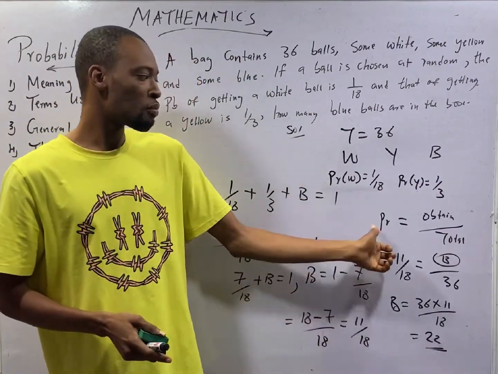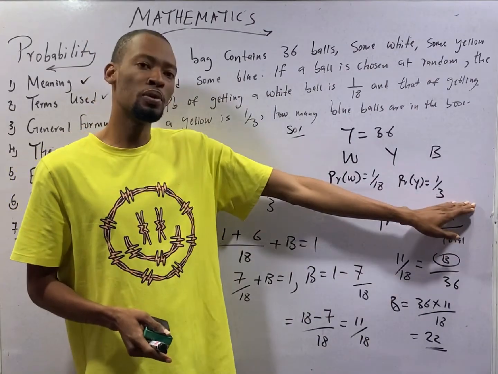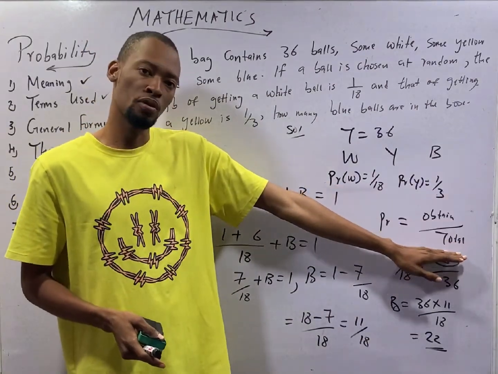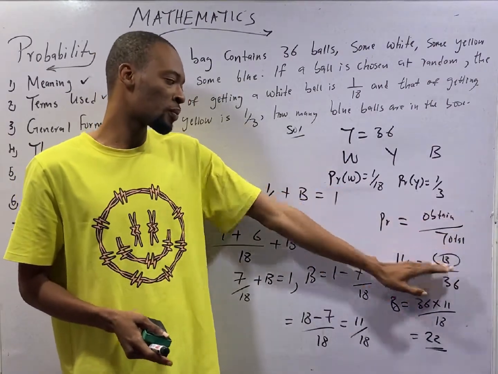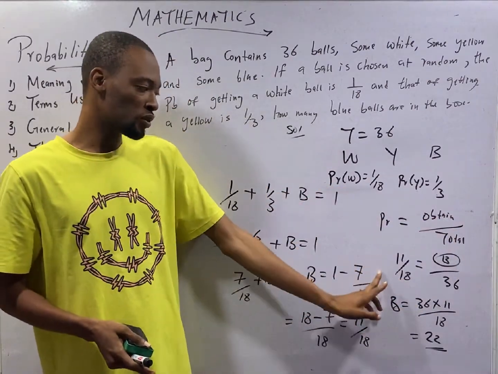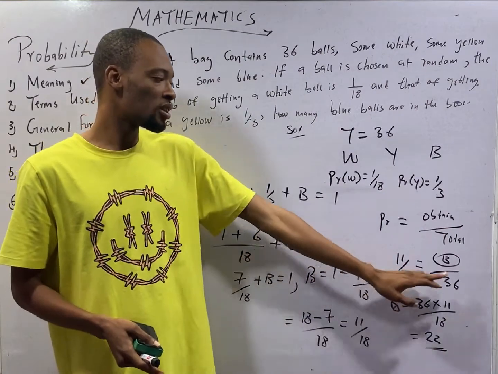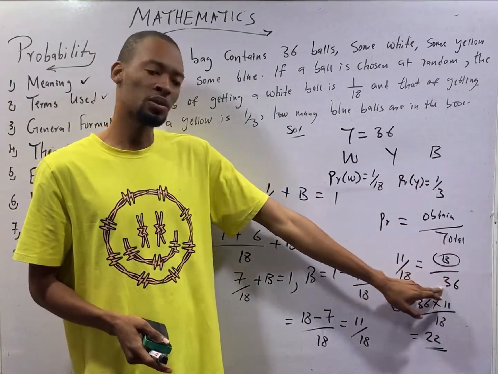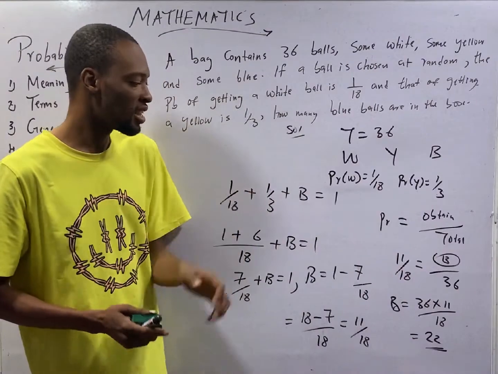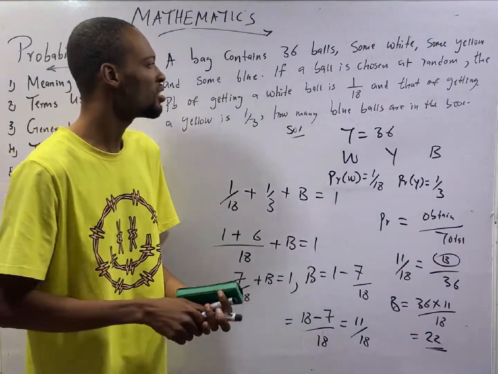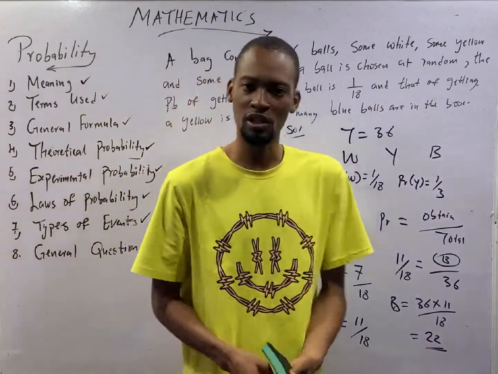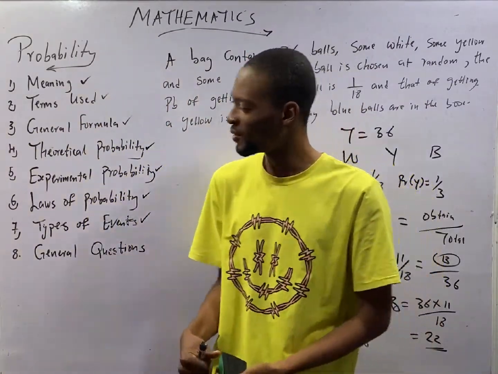And we know that probability is number of blue balls over the total number of balls. Probability of blue is 11 over 18, which equals total blue balls over total number of balls, that is 36. And the total number of blue balls is 22. So this is more straightforward than the method I wanted to use. And this will go a long way.